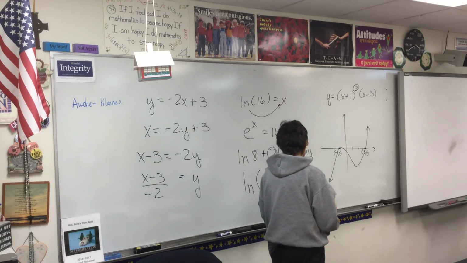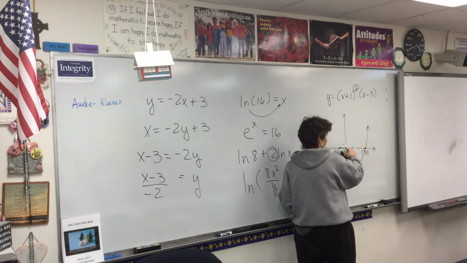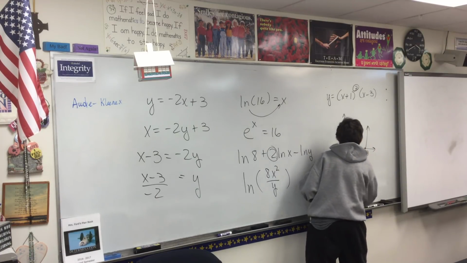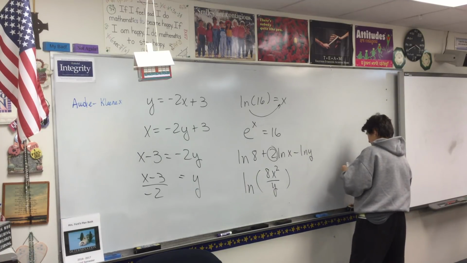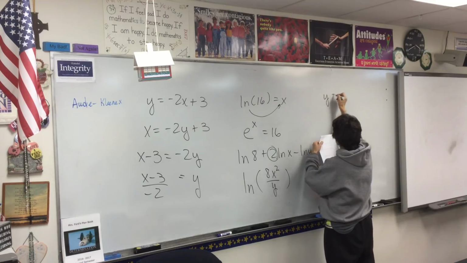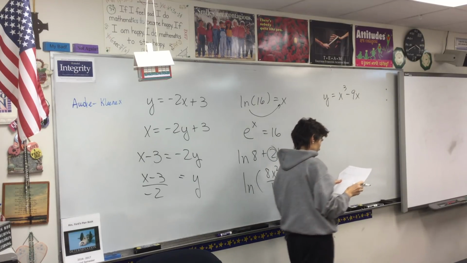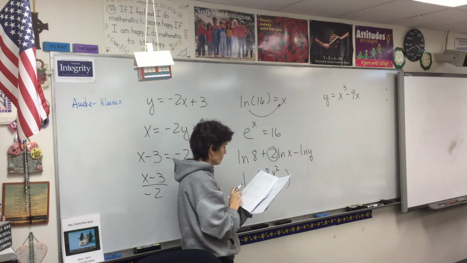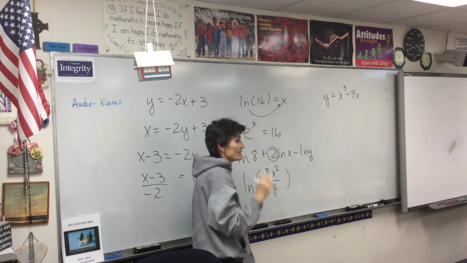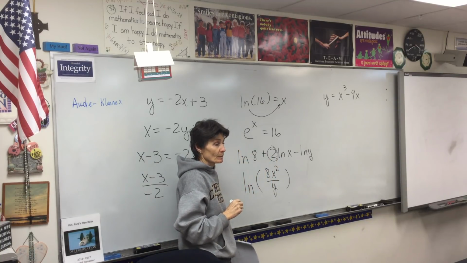You're flying. All right, now we're going to sketch. We are going to do the exact same problem as the one we just did. The difference is this one's not factored.